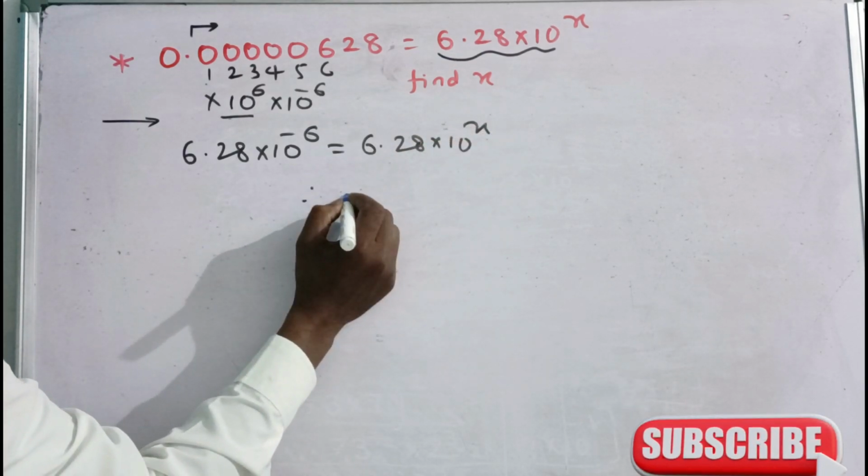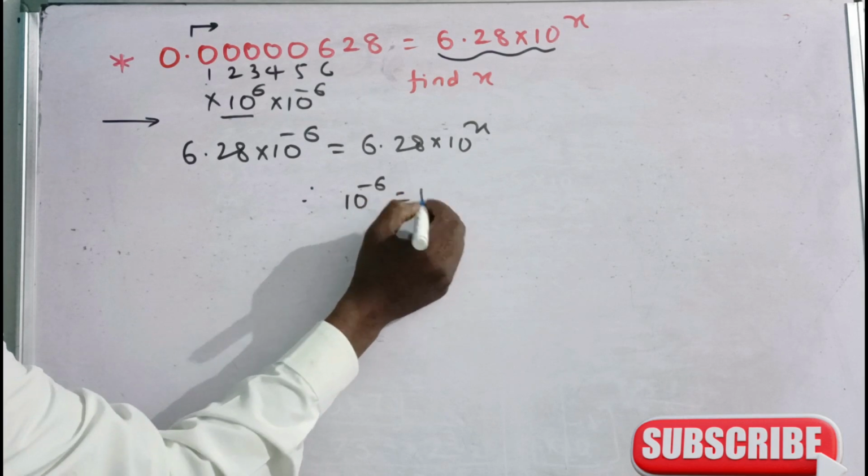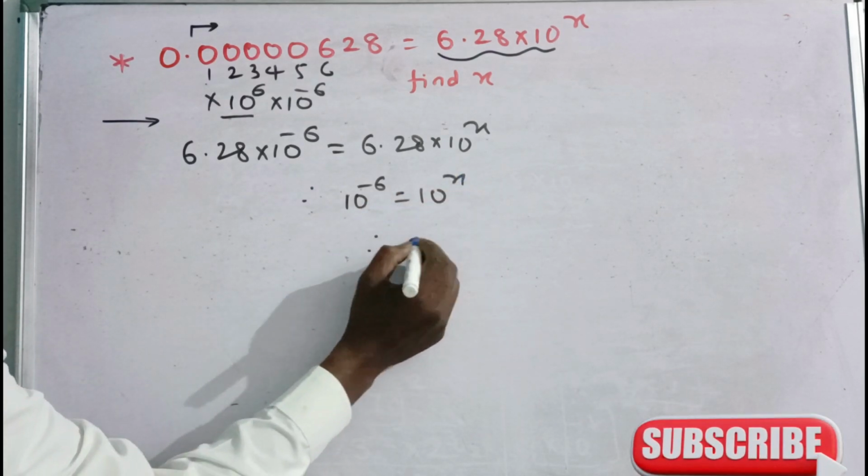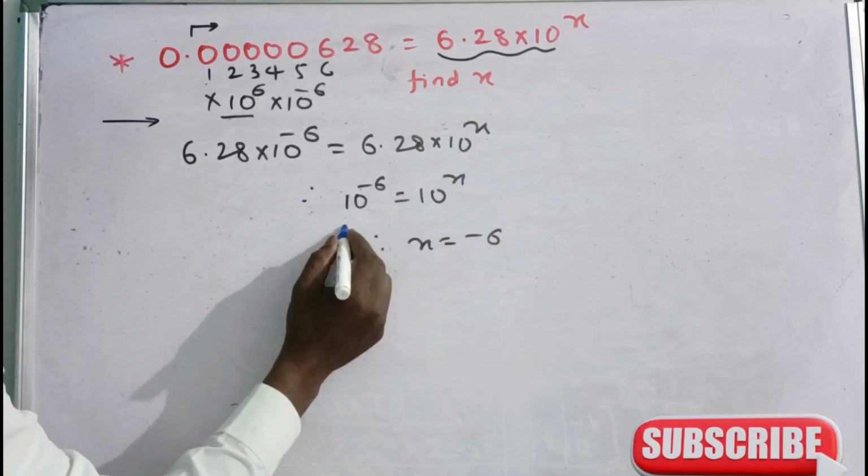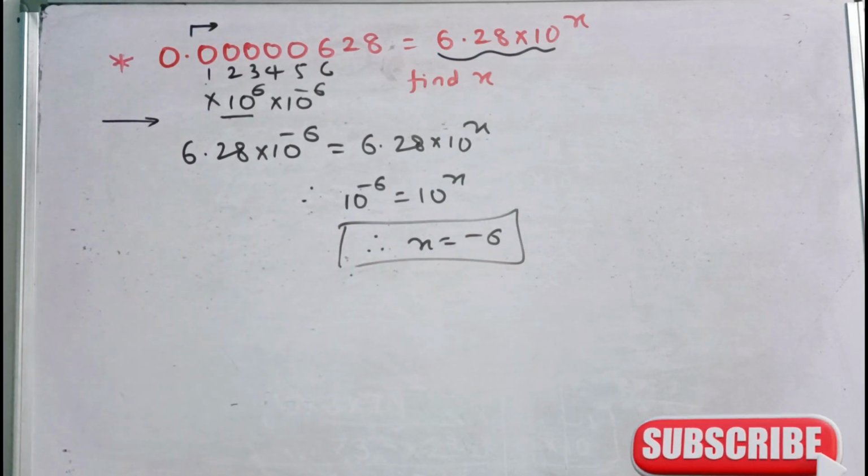Here 10 to the power minus 6 is equal to 10 to the power x. Therefore, x is equal to minus 6. This is the answer.